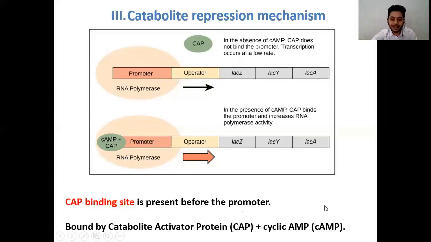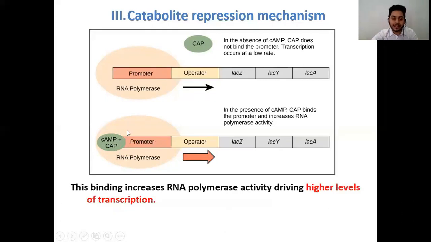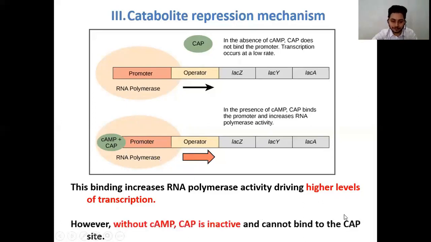Once this CAP binding site is occupied, it increases the efficiency of RNA polymerase to bind to the promoter region. With this increased efficiency of RNA polymerase, higher levels of transcription are achieved. So along with positive regulation of the lac operon, if this CAP site is occupied, then you can achieve higher levels of transcription.